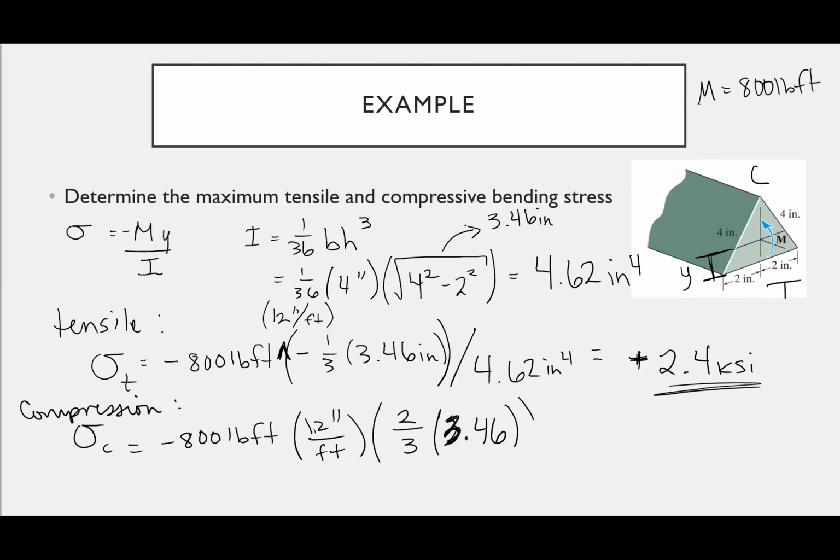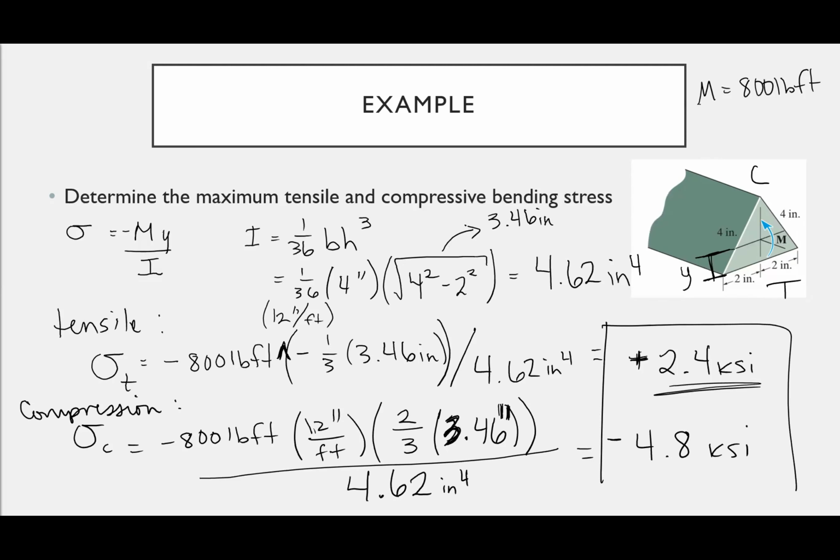So 2/3 of 3.46 inches. Then we divide by 4.62 inches to the 4th. Yep, I stays the same. I never changes. That gives us a negative 4.8 KSI.